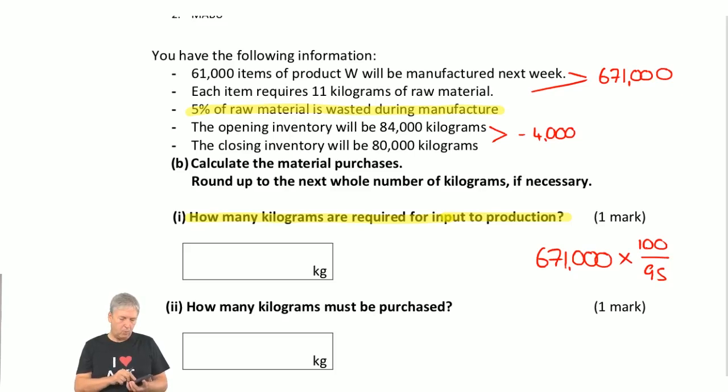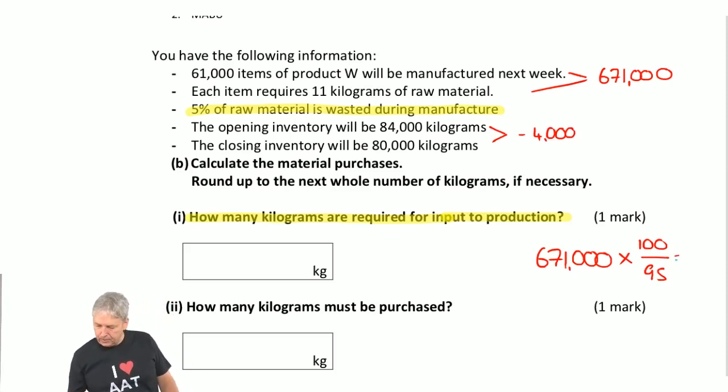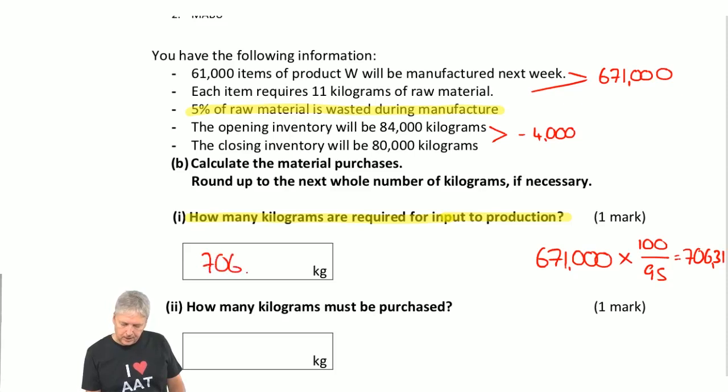We multiply by 100, divide by 95, and we end up with something like 706,316. 706,316 are the amount of kilos that we need input to production.